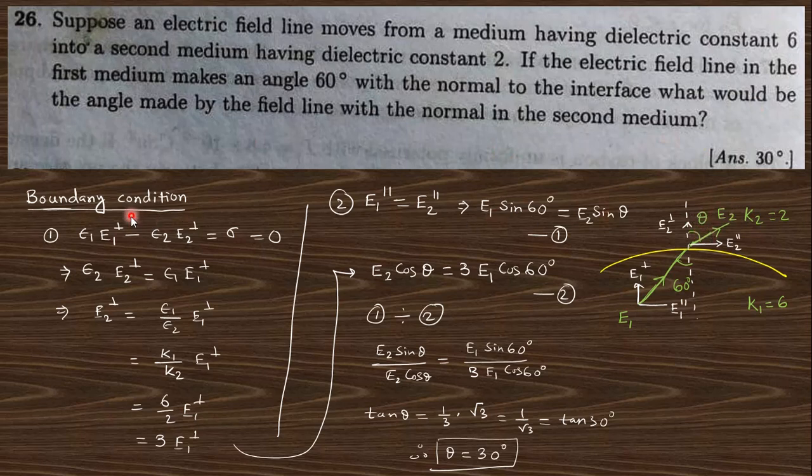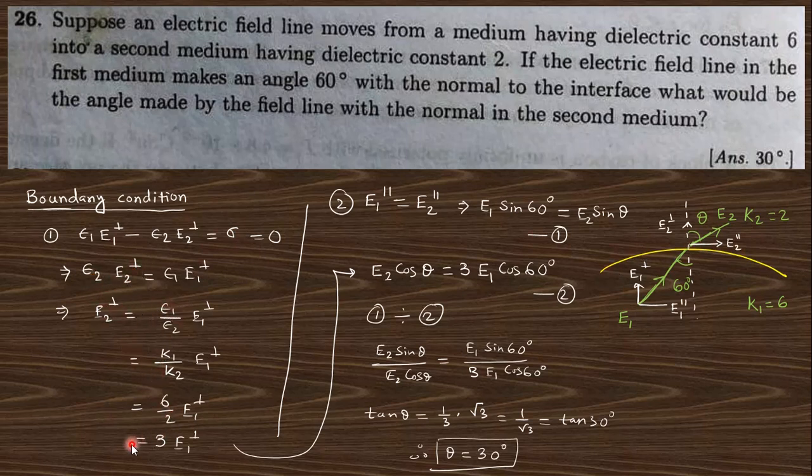For that, you remember these two boundary conditions. The normal component of the displacement vector is discontinuous by sigma, the surface charge density, and the parallel or tangential component of the electric field will be continuous, right? So if you put sigma equals 0, because there is no charge density, you will get this relation.